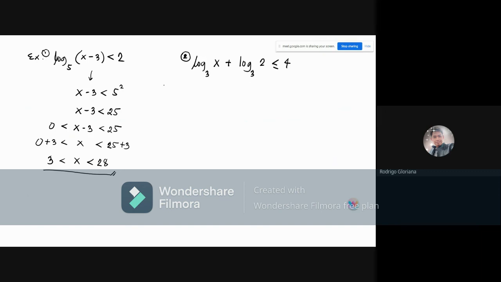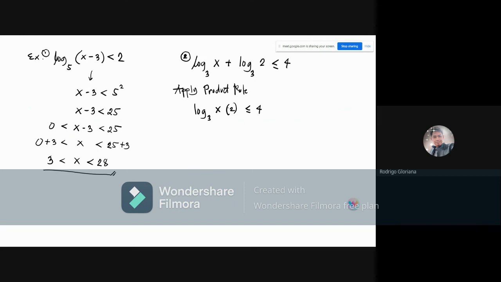How do we solve this part? You will apply the property of logarithm, especially the product rule. So you have the logarithm of x times 2 to the base 3 less than or equal to 4.